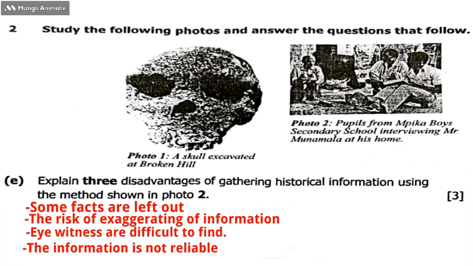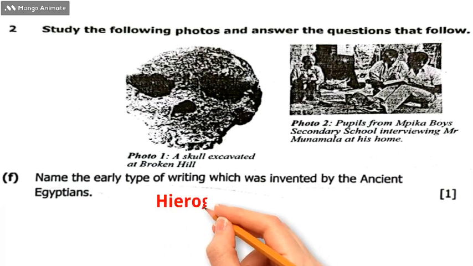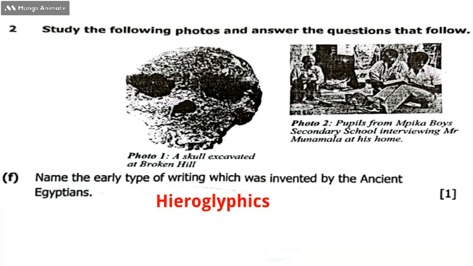We go to question 2F, which is: name the early type of writing which was invented by the ancient Egyptians. That is hieroglyphics.